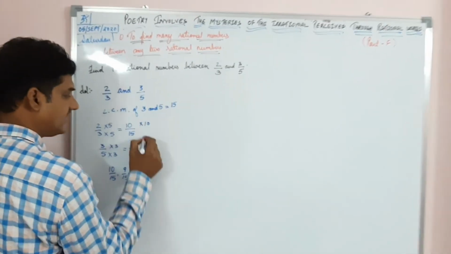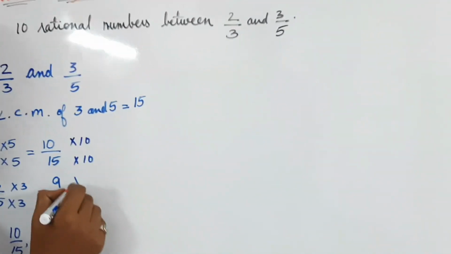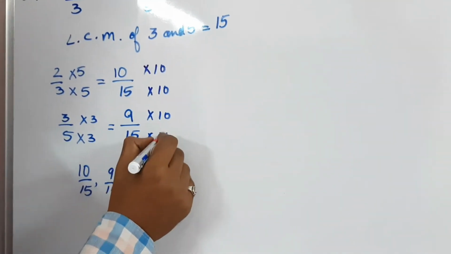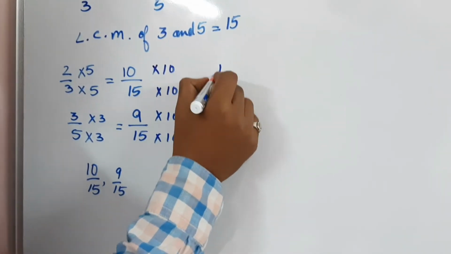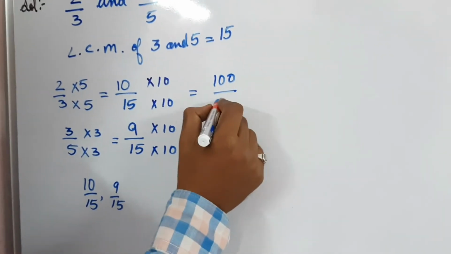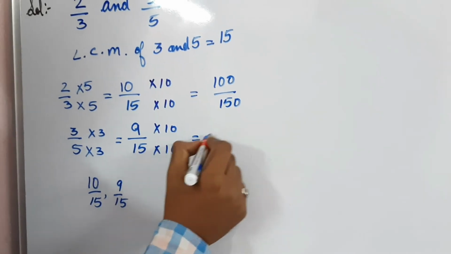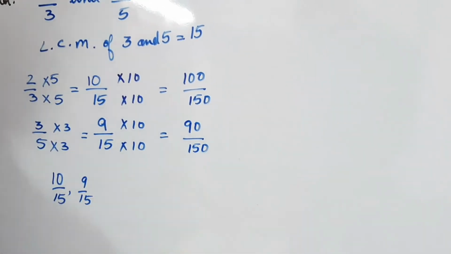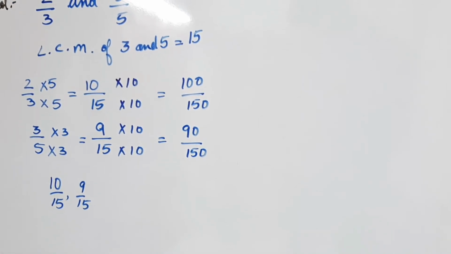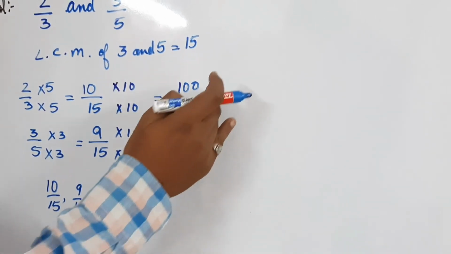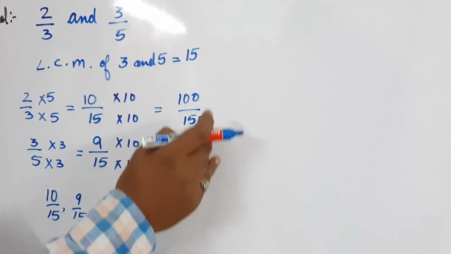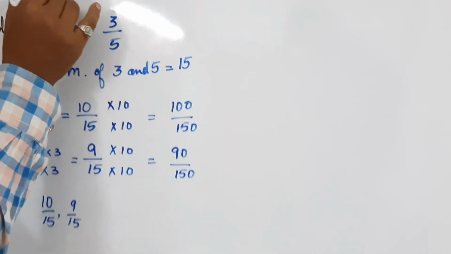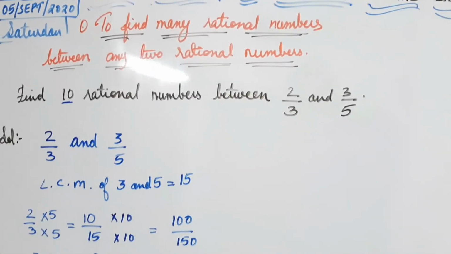Multiply here, suppose 10. Denominator also you multiply. Numerator also you multiply. 10 tens are 100. 15 tens are 150. 9 tens are 90. 15 tens are 150. From 91 to 99, here they asked you 10 rational numbers.